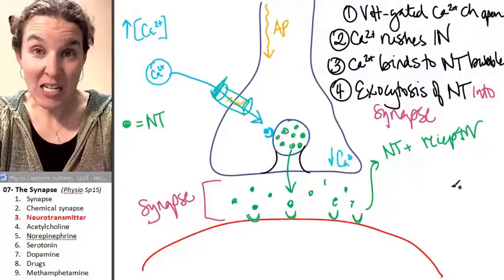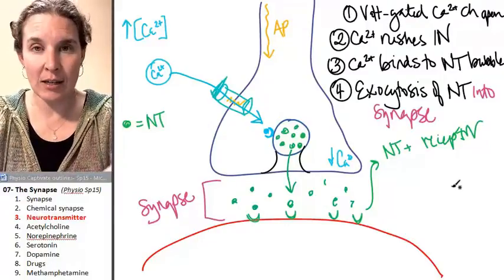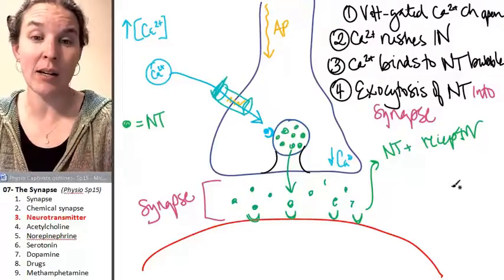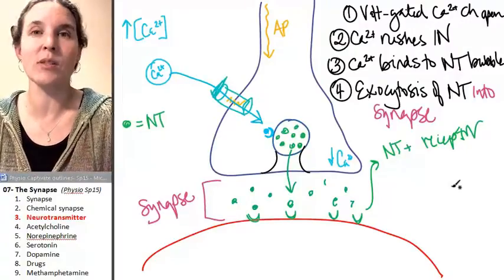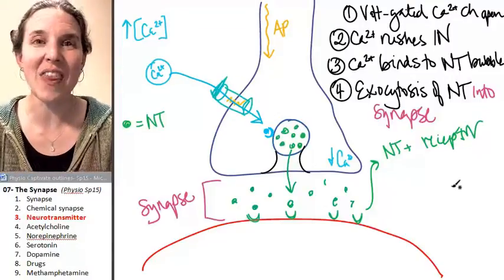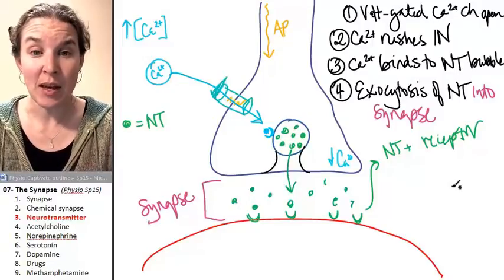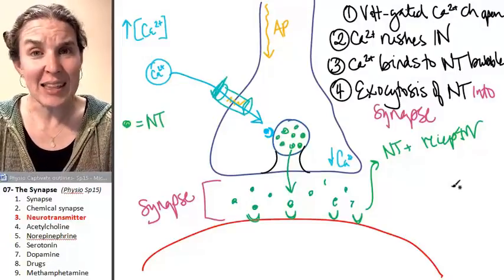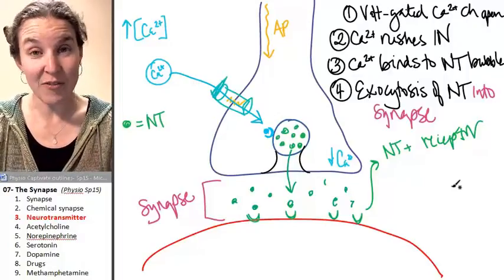Having an effect, neurotransmitter causing an action in an effector or causing another action potential in a postsynaptic neuron, we have an effect. But here's the thing. If you just dump neurotransmitter into the synapse and it stayed there, it would keep on stimulating an effect.